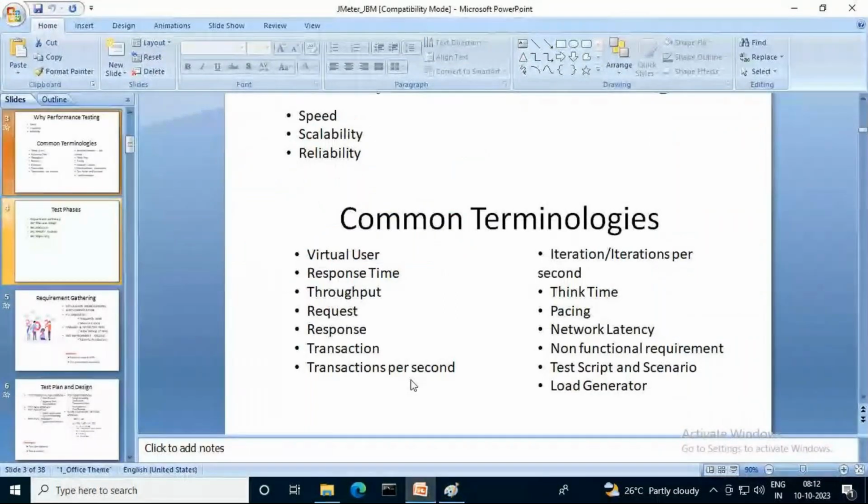Now, what is a business functionality? One functional scenario, one user journey, whenever the user is navigating on the application in order to complete some of the tasks.